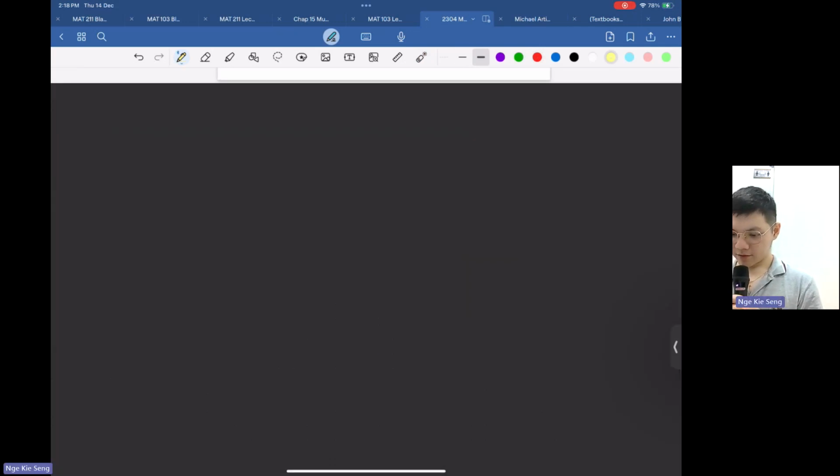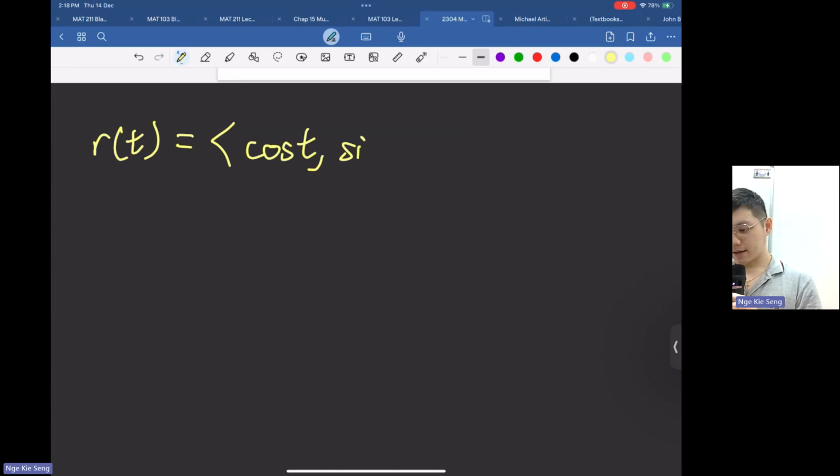Let's look at r(t) equals cos t, sin t, where t goes from 0 to 2 pi.